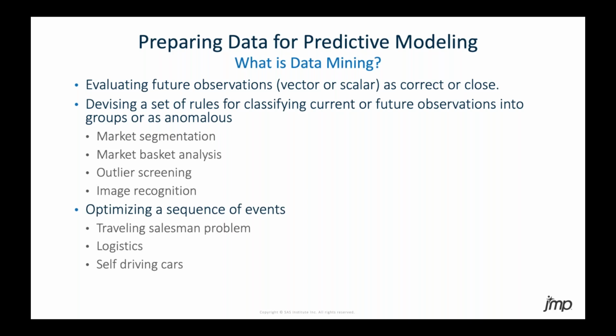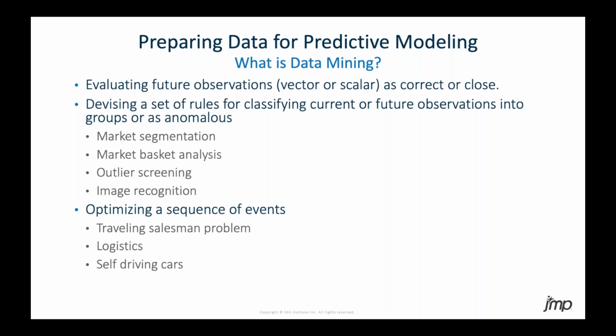The third bucket that I think of when I talk about data mining is optimizing a sequence of events. A lot of this falls under the guise of operations research: things like the traveling salesman problem, logistics planning, how do I create some sort of self-driving car, something that is going to sense aspects of the environment and self-correct for them.